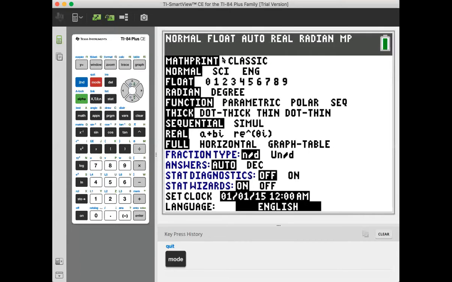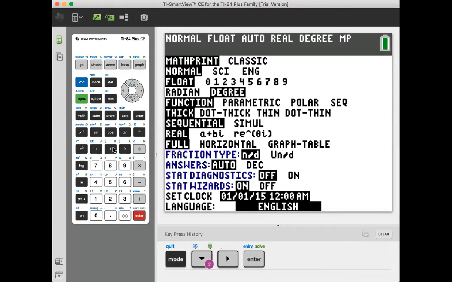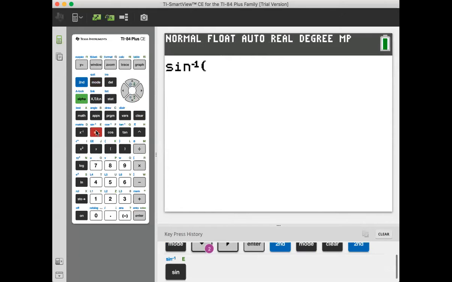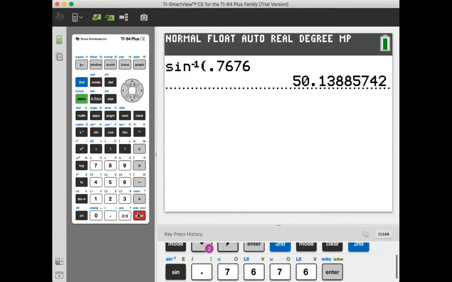Okay, so let's go ahead and do our answer for this one in degrees. So I'm going to switch my mode back to degrees, and then I'm going to get to the home screen. Okay, and we wanted to do inverse sine. So I'm going to hit second sine. That gives me inverse sine of 0.7676 to start with. And that gets us approximately 50.13 degrees.